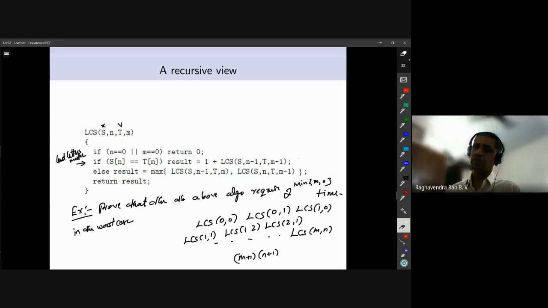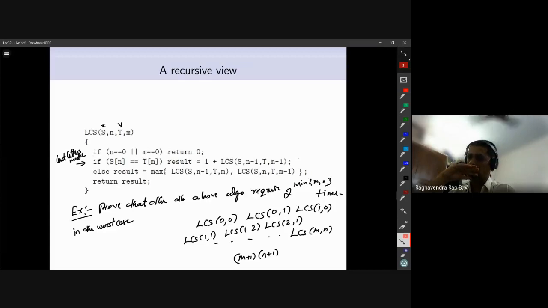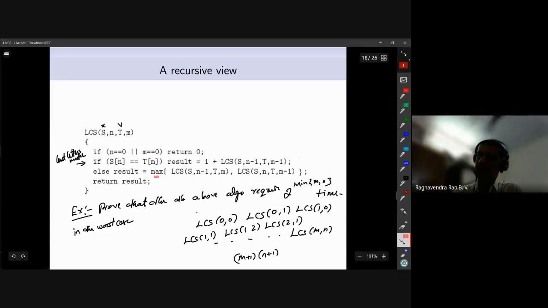Like I said before, there are only these many distinct calls. In this recursion, when you write down the recursion, LCCS i, j might be called many times because it runs for exponential time. It might be called exponentially many times.